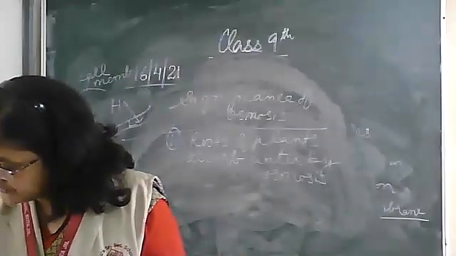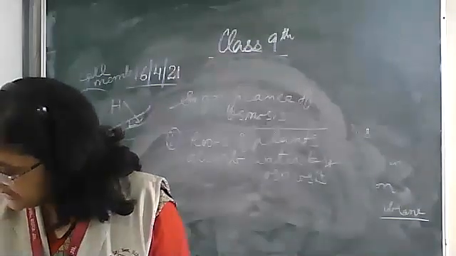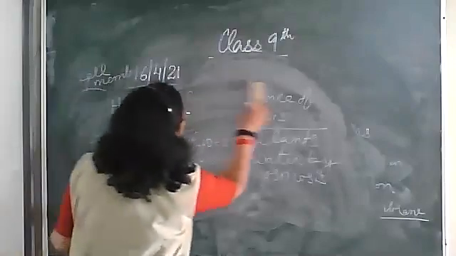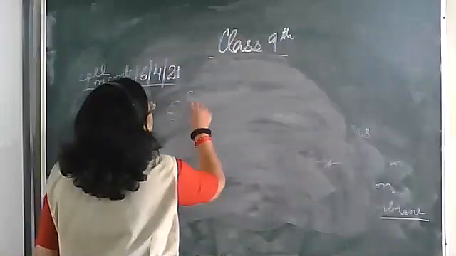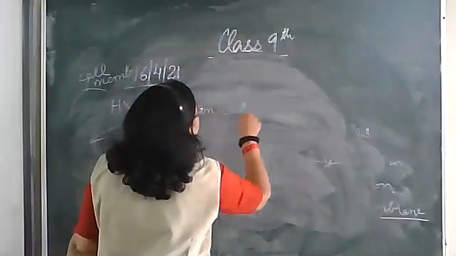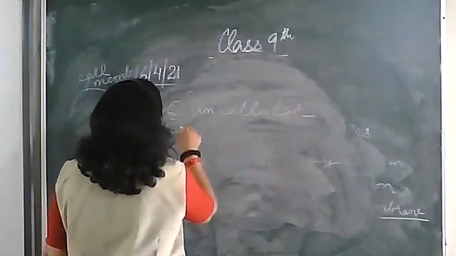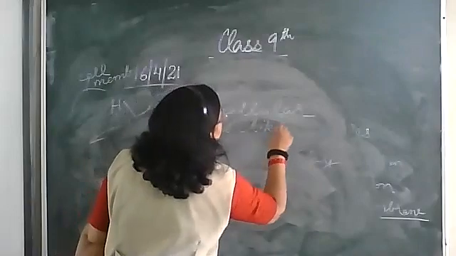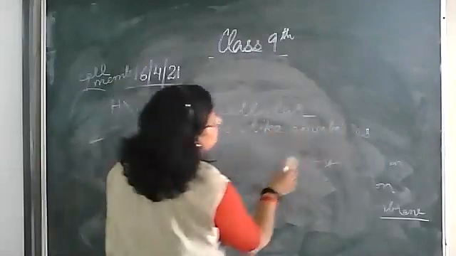Then, unicellular organisms like amoeba continuously gain water into their body by osmosis. Second, unicellular organisms like amoeba, what do they do?